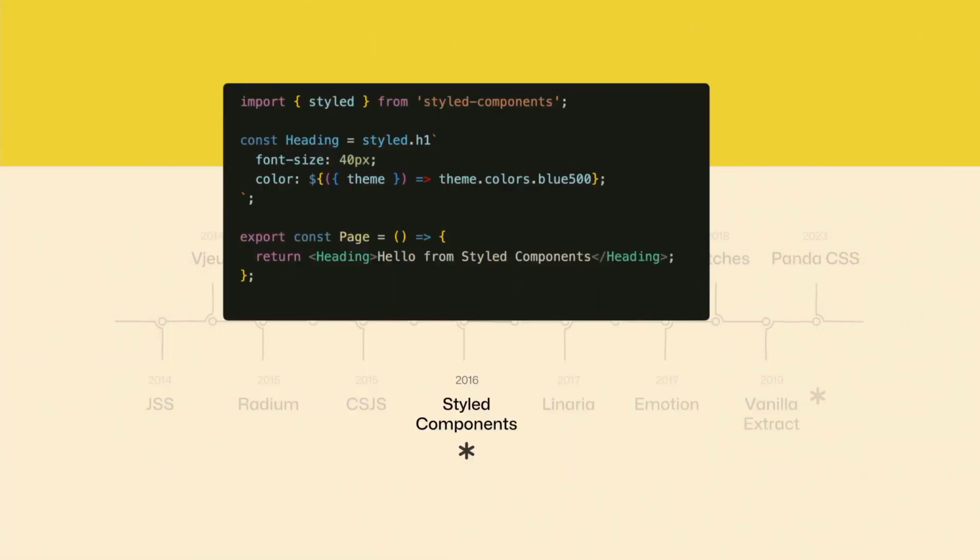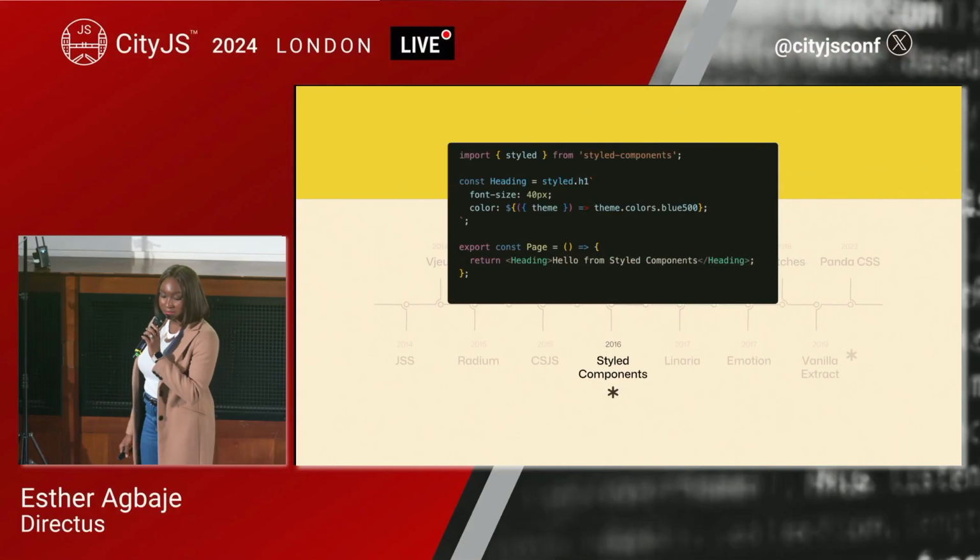Now, styled-components came and changed the whole API game by allowing us to actually create components while writing our styles. So here's how the API for styled-components looked.